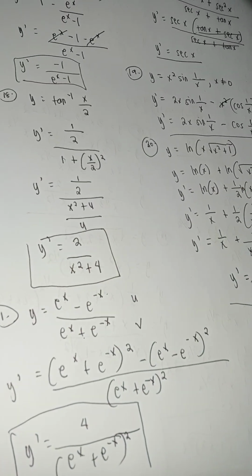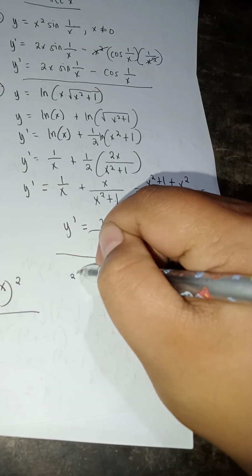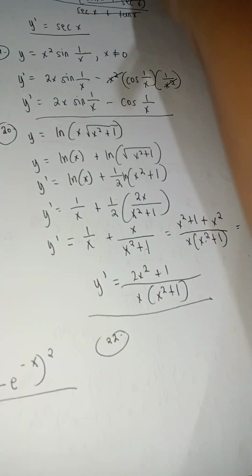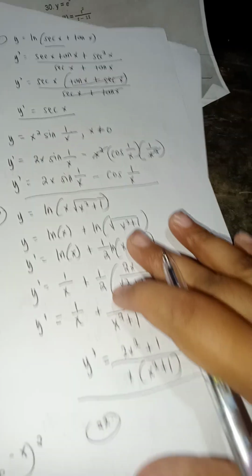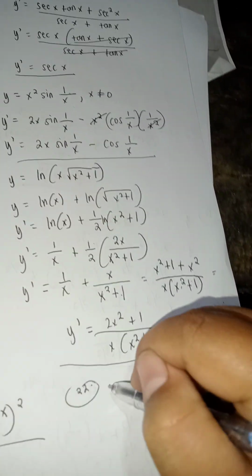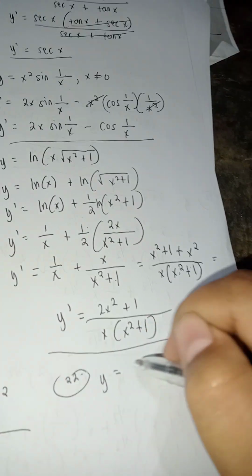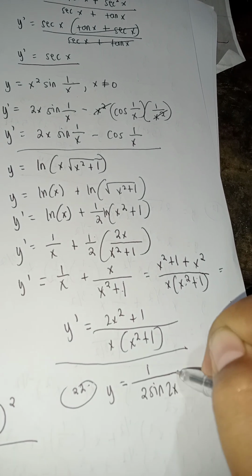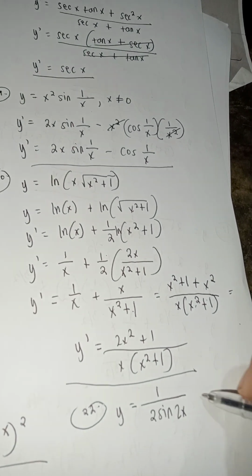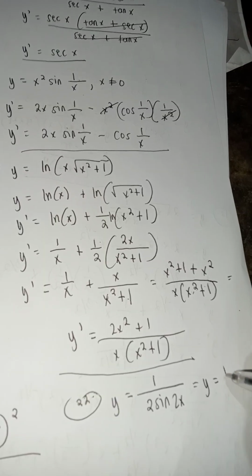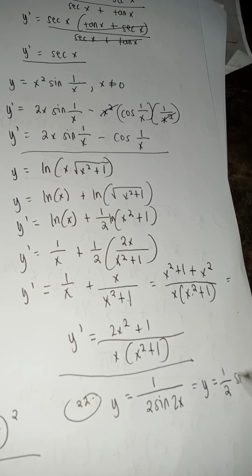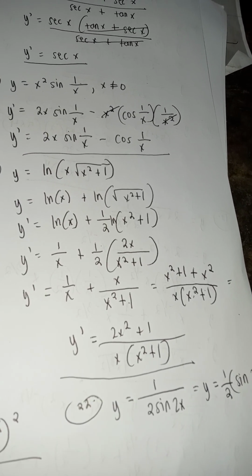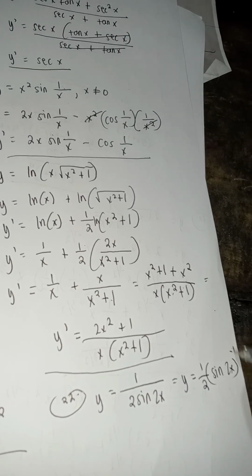So let's proceed with the number 22. Number 22, y is equal to 1 over 2 sine 2x. So we are going to rewrite it: y is equal to 1/2 times sine 2x to the negative 1.